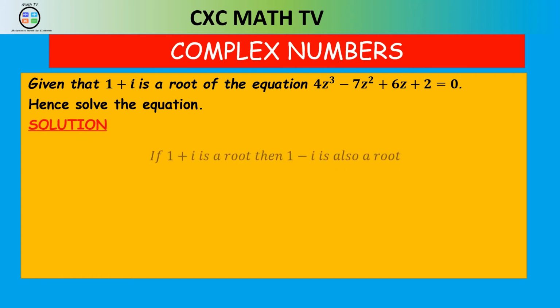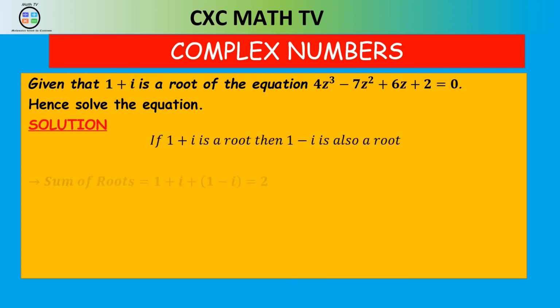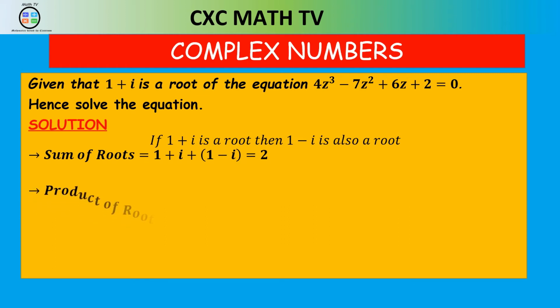So now you have two roots. The sum of those two roots is 1 plus i plus 1 minus i, which is 2. And the product of those roots, 1 plus i times 1 minus i, we expand and we get 1 minus i squared, but i squared is minus 1. So that works out to be 2.